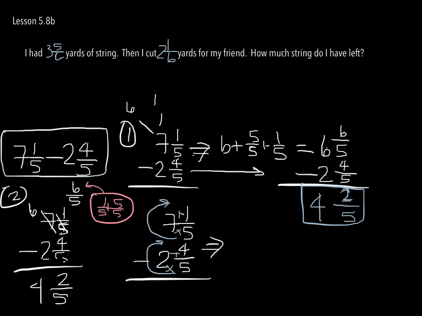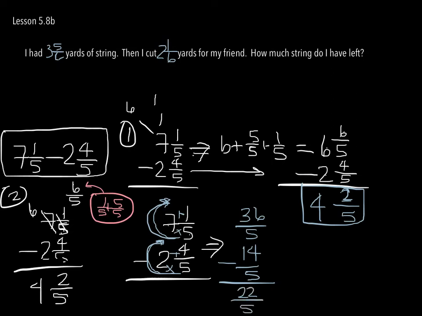So here we go. 7 times 5 is 35, plus 1 is 36. My language is fifths. And I'm going to subtract. 5 times 2 is 10, plus 4 is 14. And my language is fifths. Now I'm ready to subtract. 36 less 14 should give me 22, and my language is fifths.